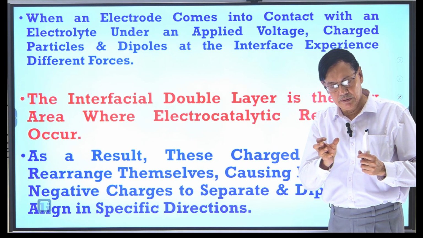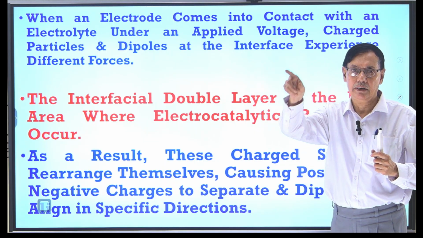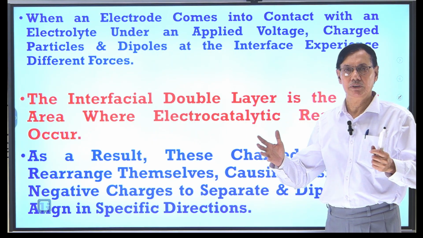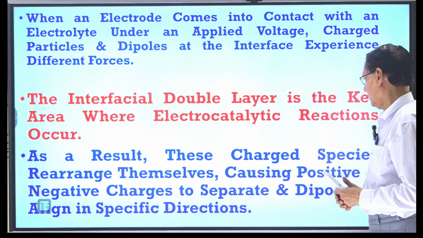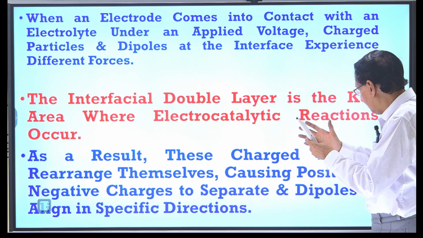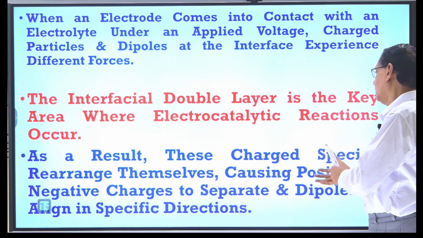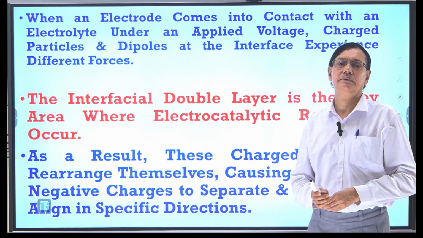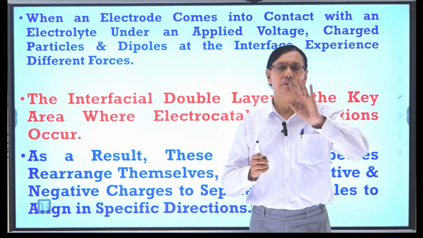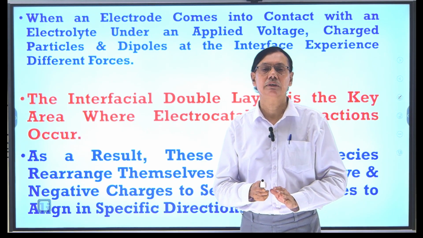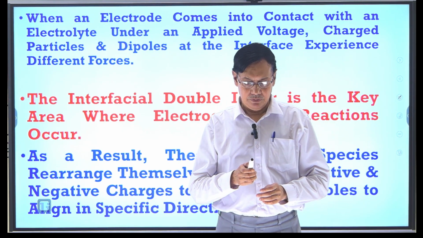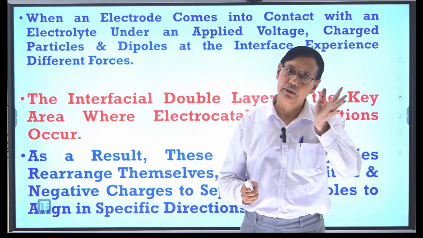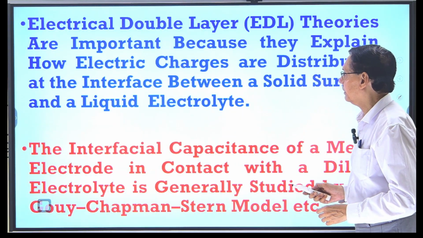Sometimes in the center there is a cation and the cation is surrounded by ions. It depends upon various factors. So there are some positive ions as well as negative charges, and the dipoles align in a specific direction. So that is a very crude definition of the electric double layer, EDL, or electrified interface.